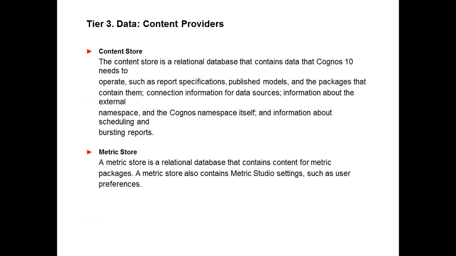The content store is a relational database that contains data that Cognos needs to operate, such as report specifications. The report specification will be in the form of XML in the back end. And whatever we publish as the model, in Framework Manager we publish the model and the packages that contain them, connection information for data sources, and so on. All kinds of information will get stored in the content store.